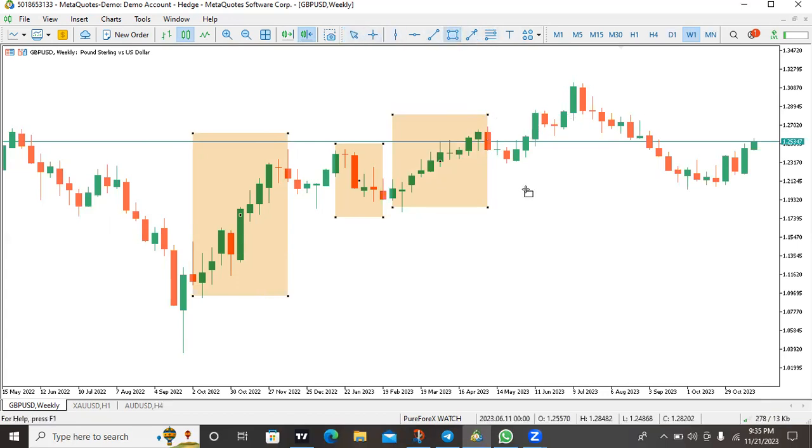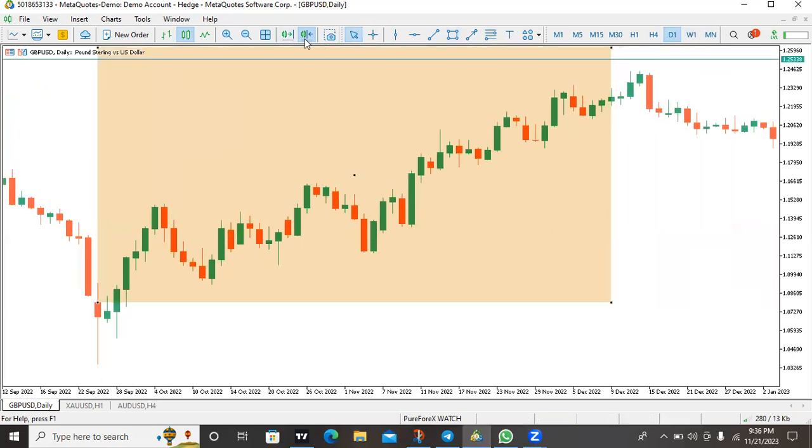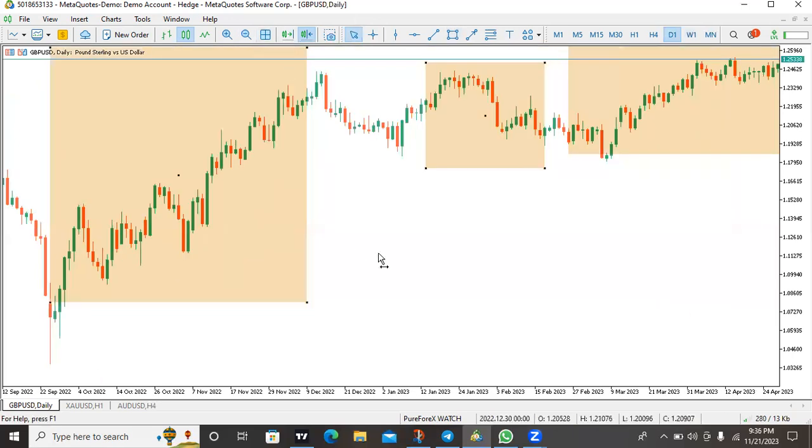Do you understand? Yes. So now, if you go to the lower time frame, this swing on the weekly time frame, if we go to daily, we are going to be seeing characteristics of an uptrend within this swing. Okay, let's check it out. Do you see it now?